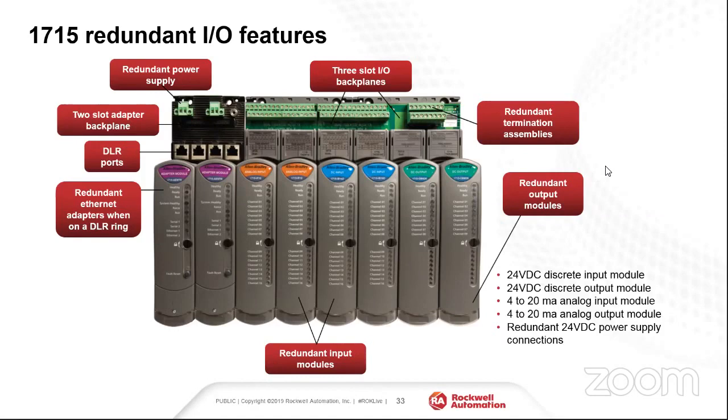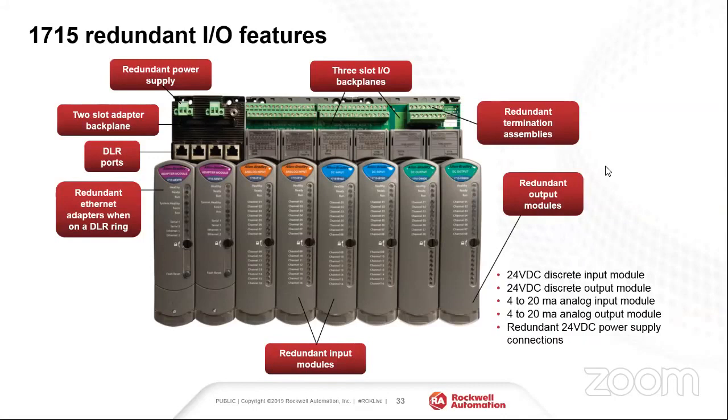If the opportunity calls for a redundant infrastructure where you're looking at redundant controllers, potentially redundant switches, you may also be looking at redundant IO paths. So a couple of things we're going to go over. The 1715, for anybody that hasn't seen this before, is, in short, our redundant IO.